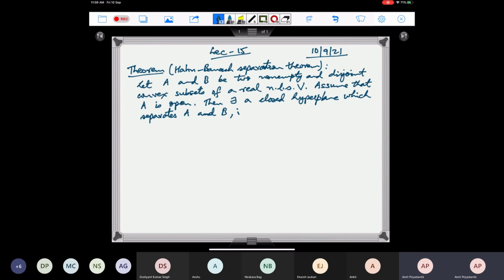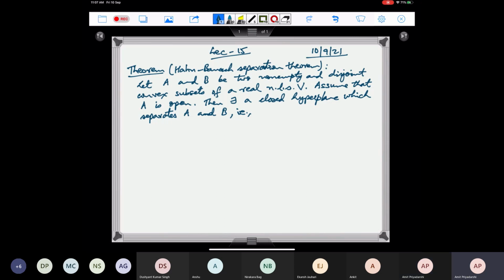So what is the meaning of this? We know that a closed hyperplane is given by x such that f of x is equal to alpha for some real number alpha, where f is a bounded linear functional.